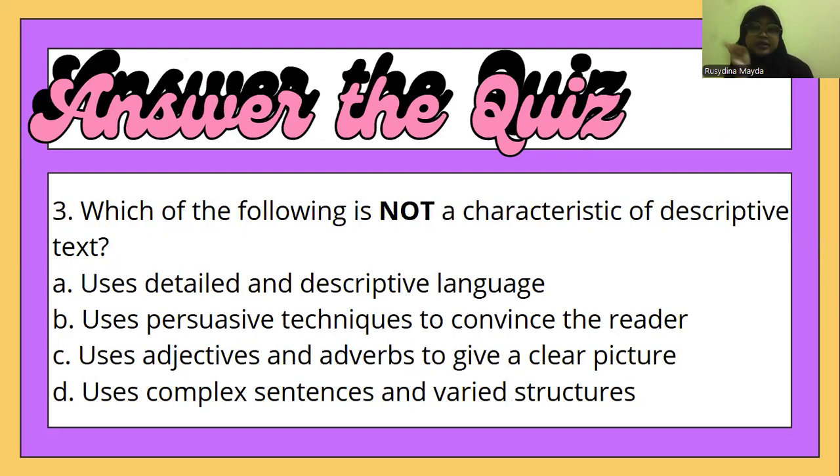The third question is, which of the following is not a characteristic of descriptive text? A. Use detailed and descriptive language. B. Use persuasive techniques to convince the reader. C. Use adjectives and adverbs to give a clear picture. And D. Use complex sentences and phrase structure.